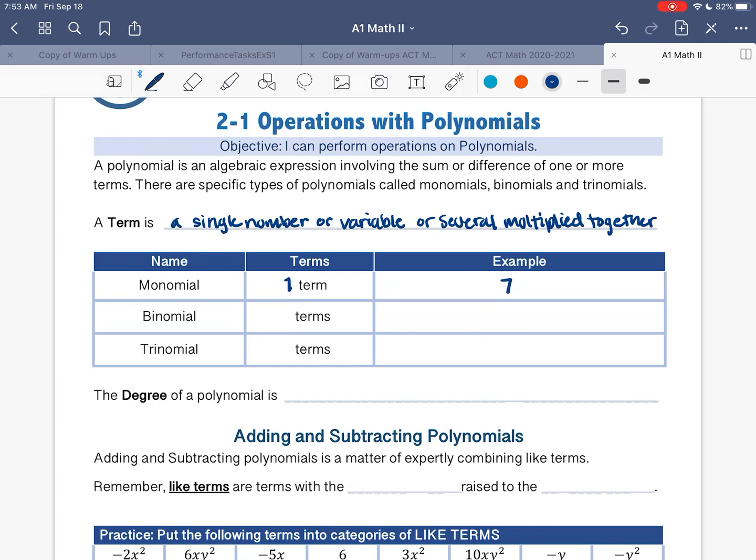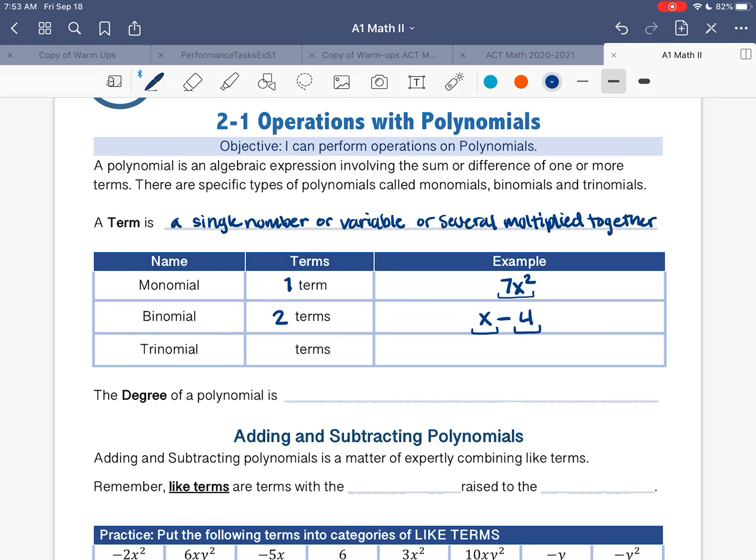So an example might be 7x squared. Notice that this is a single term. It might be easier to talk about this once we've seen something with more than one term. For example, a binomial has two terms, and this will look like x minus 4 or something similar. And these are both different terms.